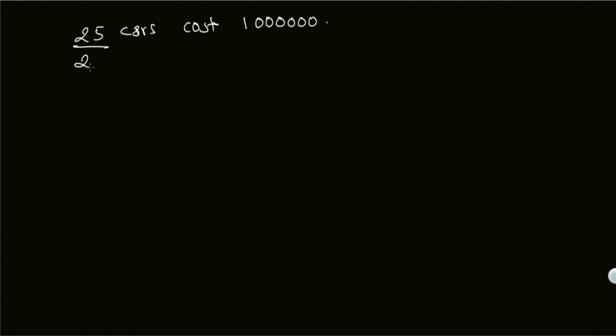We must divide by 25. So in order to have the price for it, we must divide by 25 also. In this way we can get the value of one car, which is equivalent to $40,000.